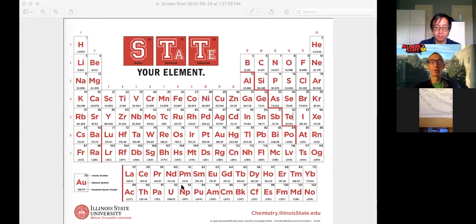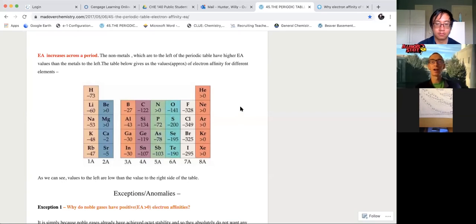Here's a way that we can look at that. Here are some electron affinity values, and you can see that as we go down the periodic table in group number 1, the values are getting smaller. As we go down a group over on the right-hand side of the periodic table, the values are getting smaller as well.